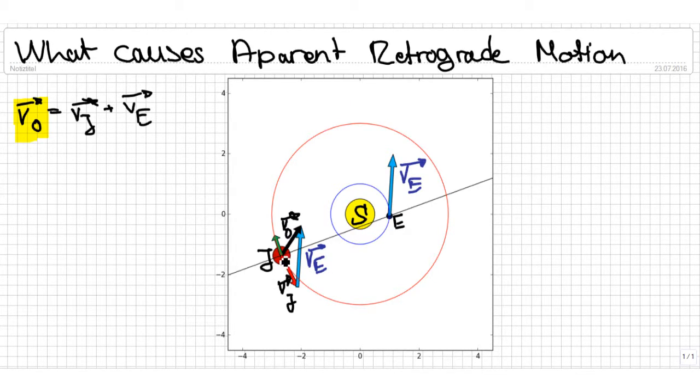Unfortunately, we can't see this. There is no way to notice when looking up in the sky if Jupiter approaches us or moves away from us. So what we can actually see is the component of this VO, let's call it V, which is perpendicular to this connecting line from Jupiter all the way to Earth.